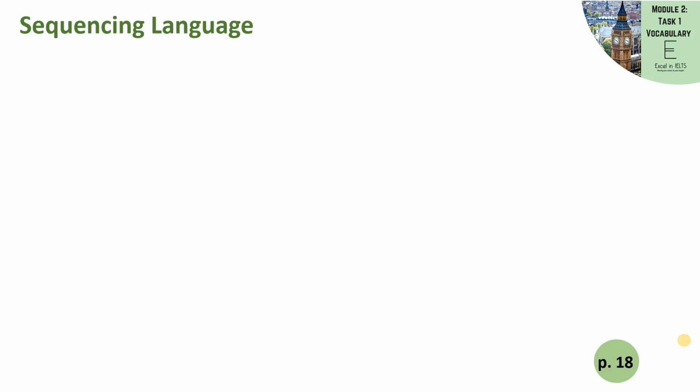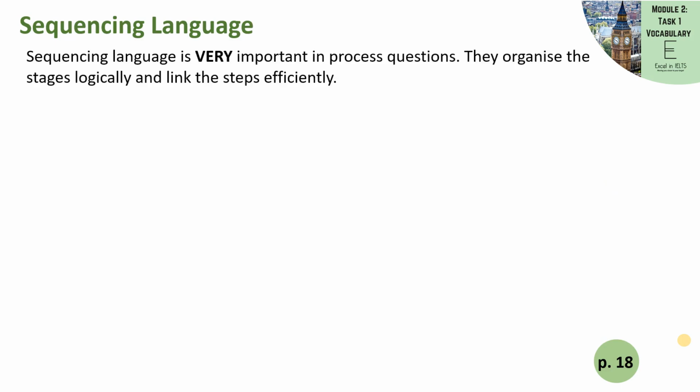Now, sequencing language is extremely important for process questions because you're talking about how something is made or how something is done, and because of that, you do need to order the stages in a methodical way, and that's where sequencing language comes in.